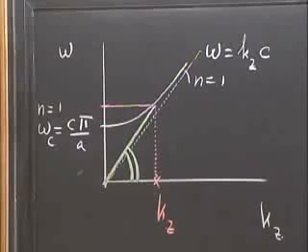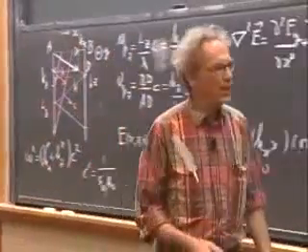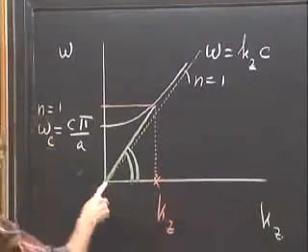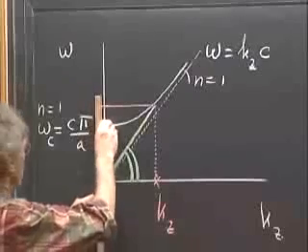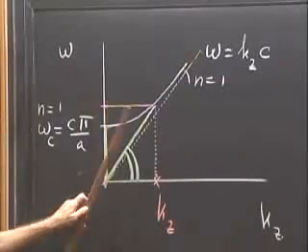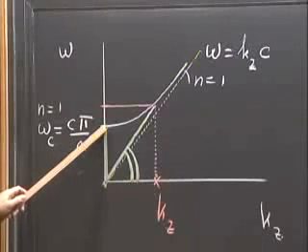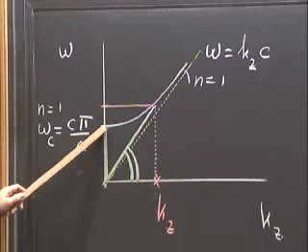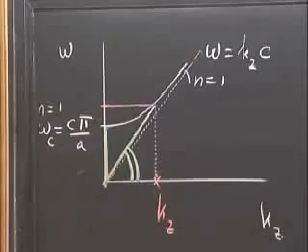Since this slope is steeper, the phase velocity is larger than c. And when kz becomes 0, this is omega divided by omega, and kz is 0. And so when you reach this cutoff frequency, the phase velocity goes to infinity.